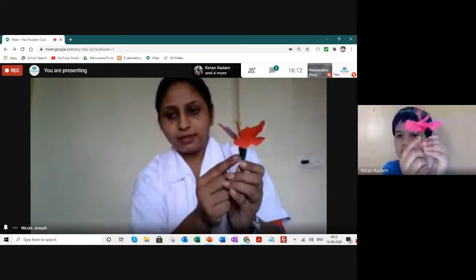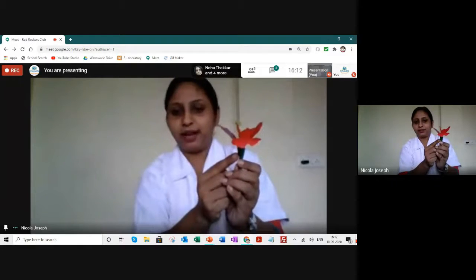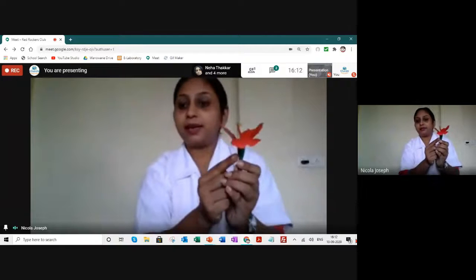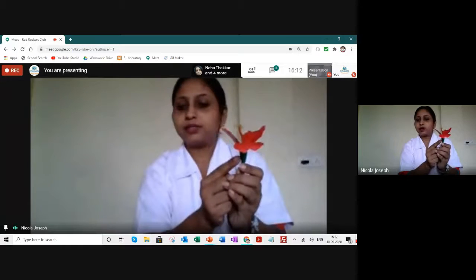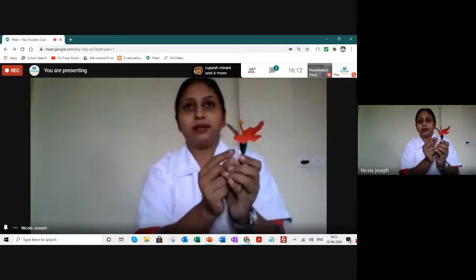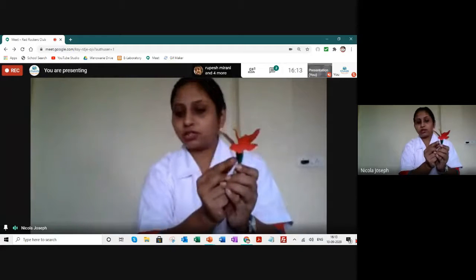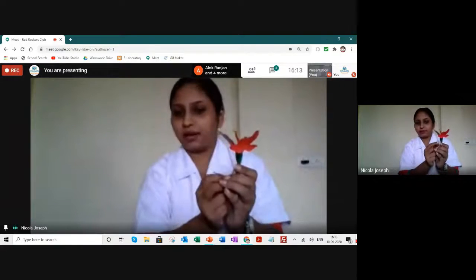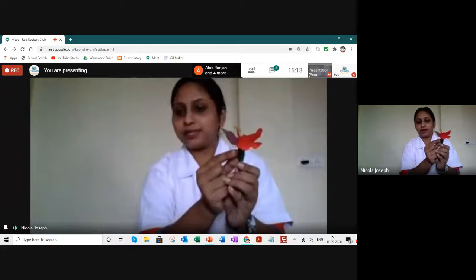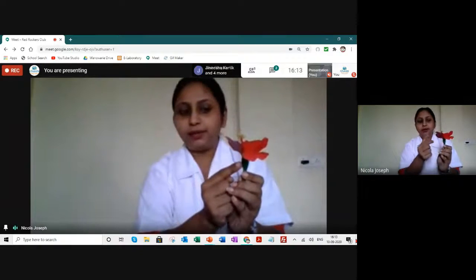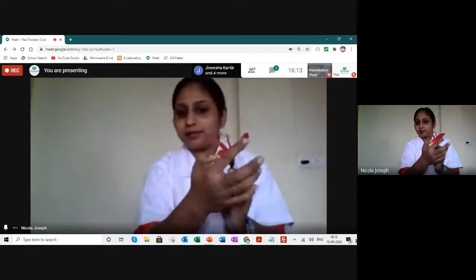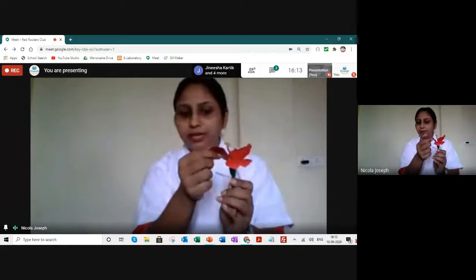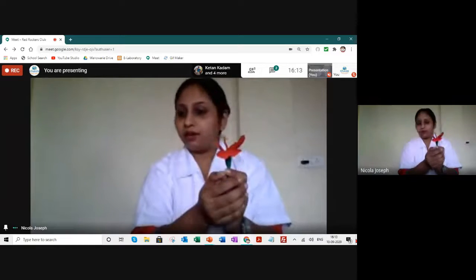That is a sepal. They are green colored structures which protect the flower. So this is the sepal. These are the petals, which are very colorful.